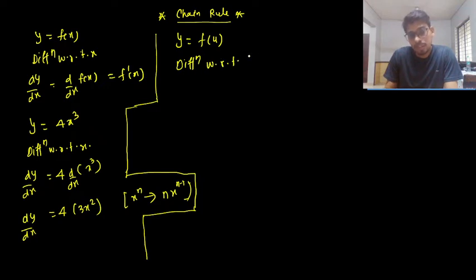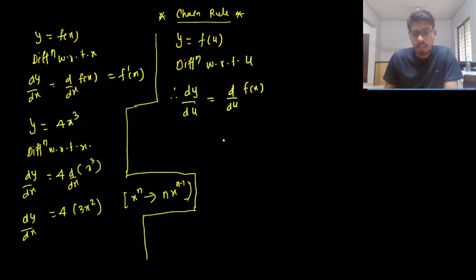Therefore its derivative you will write as dy by du, and on this side again the same thing, d by du of f of x. Understood?